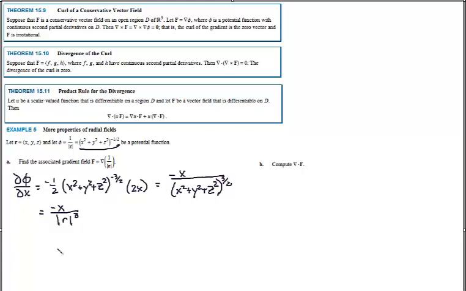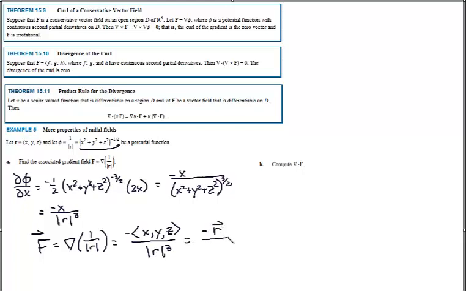So when I get finished with this, my vector field F is just that gradient of 1 over the magnitude of r, which is how it's listed in my definition, and this is just going to be minus the x, y, and z over my magnitude cubed, because they're all the same.